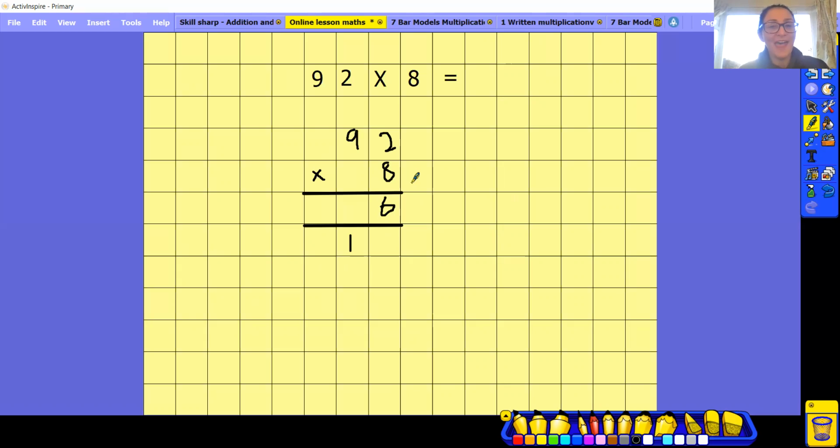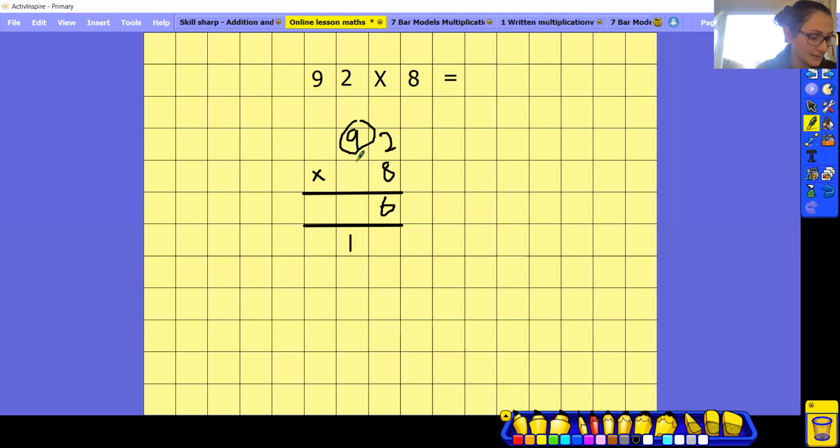Okay, and then we go on to our next column. Remember, this is actually in the tens column. So this 9 is really worth 90. So we're really doing 90 times 8. However, that's a bit tricky. I like to have a nice easy life and do 9 times 8.